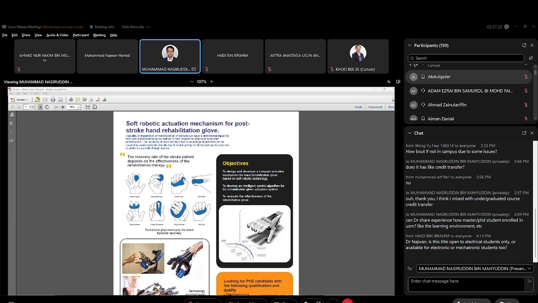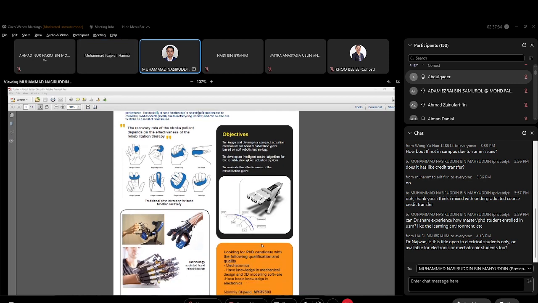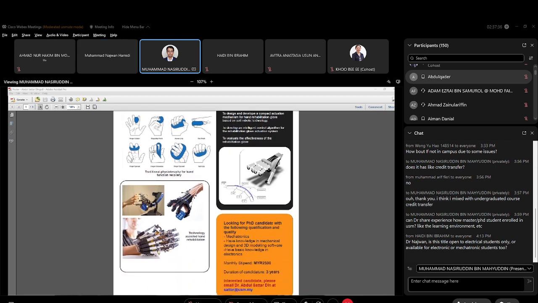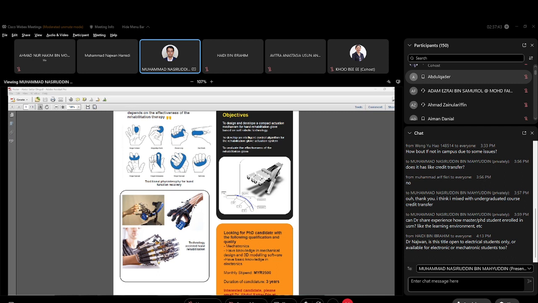He will be applying his knowledge of soft robotics to create a smart glove. He will be working on the soft actuator aspect of the glove, and we want to prove that the glove that we develop is much more competitive than the existing market.